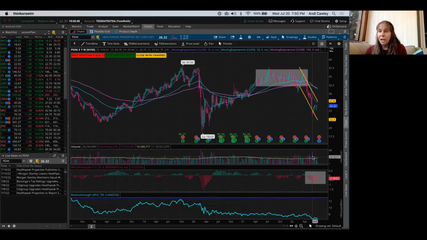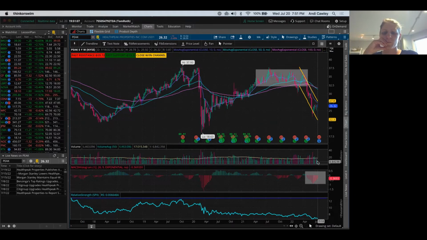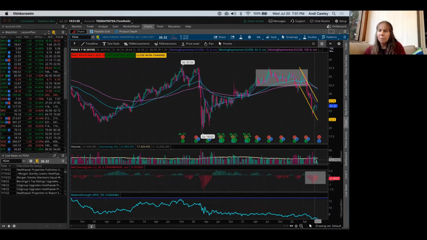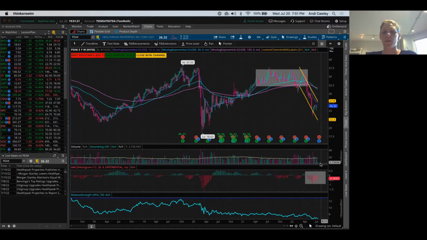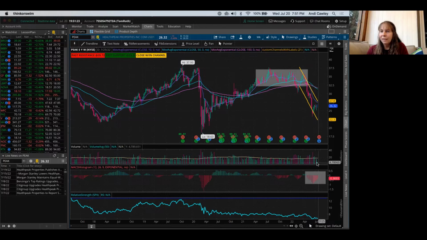So I was getting some pretty high volume around the end here, but a lot of it was negative, and thus you've got the falling price. Now volume's starting to fall off a little bit, but some of that is because we're in the middle of the week and it hasn't completed the week yet. It's only going to have 3 days worth of data, but it still looks pretty low.